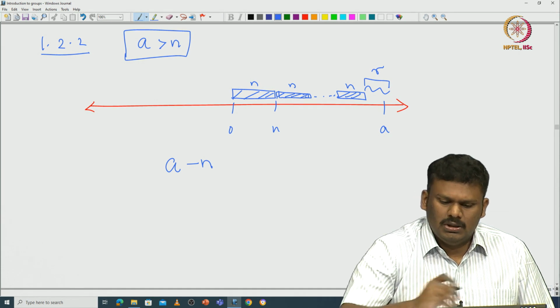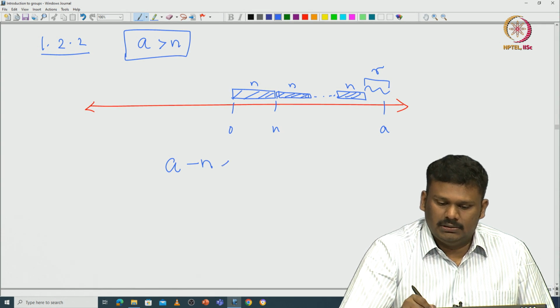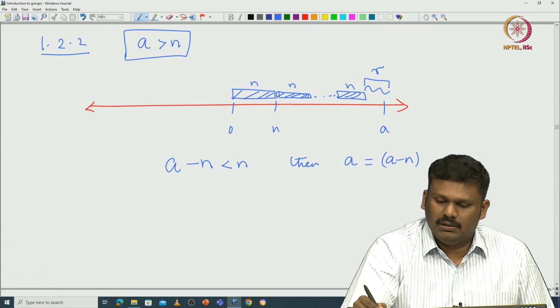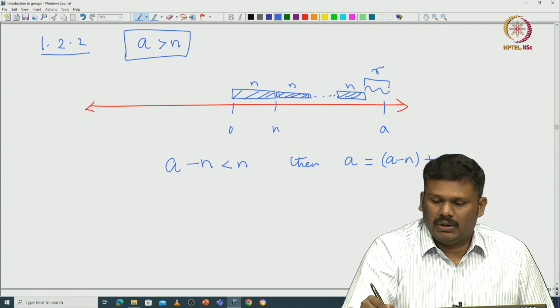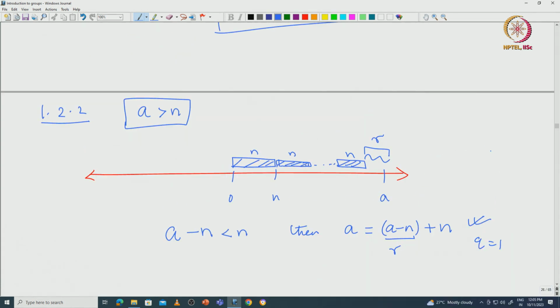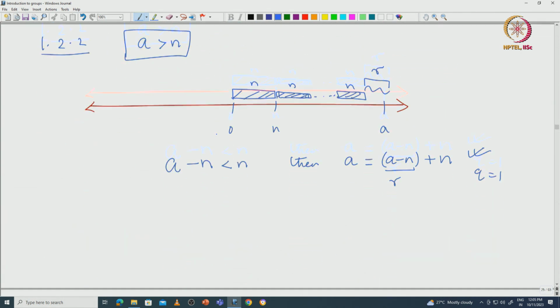For example, if it is less than n, then A becomes (A minus n) plus n. Then this becomes the remainder r, and the quotient becomes 1, and this is your star, whatever we have written. The q is 1.